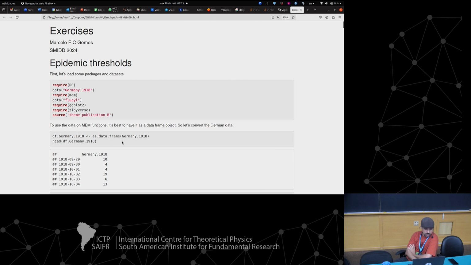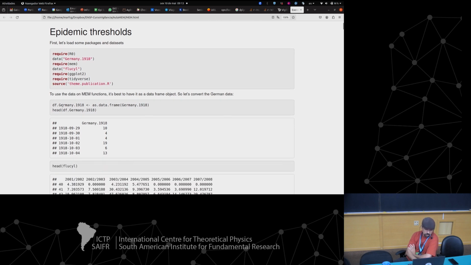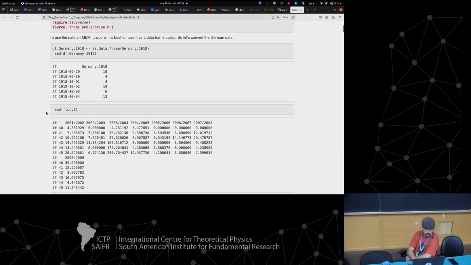It has a particular data structure, and we're just going to change it into a data frame object. It's a type of object in R that has some properties that will be important when we apply that data set to some of the functions of the moving epidemics method package. So this is just a change in object structure, just for the sake of some of the functions that we're going to be using, nothing more than that.